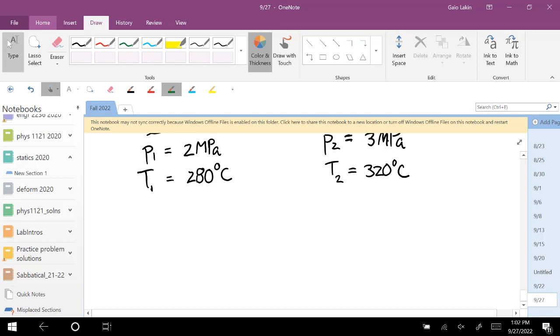And we can look up then the enthalpy at pressure 1, temperature 1.